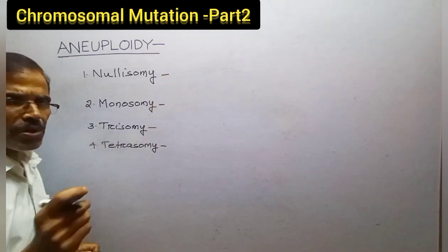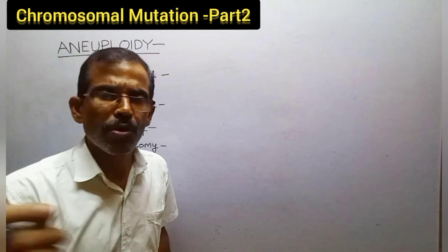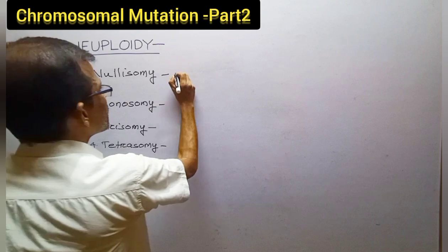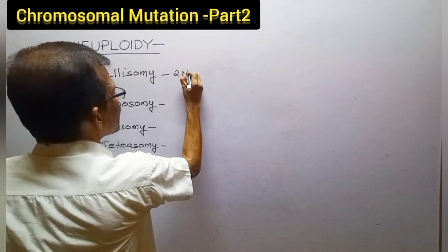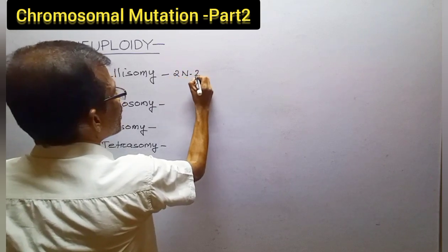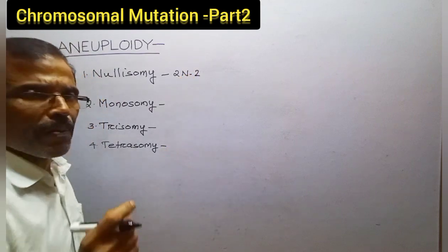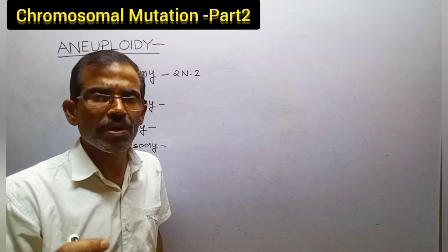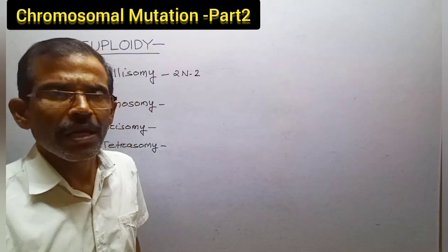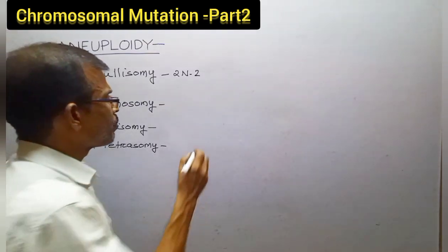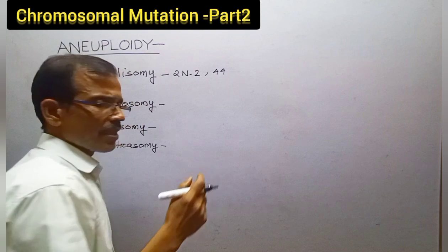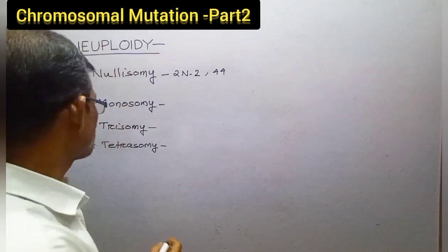Nullisomy is the loss of both members of a homologous pair of chromosomes. It is represented by 2n-2, where n represents the haploid number of chromosomes. In human beings, which normally have 46 chromosomes, a nullisomic zygote will possess 44 chromosomes because there is a loss of 2 chromosomes.